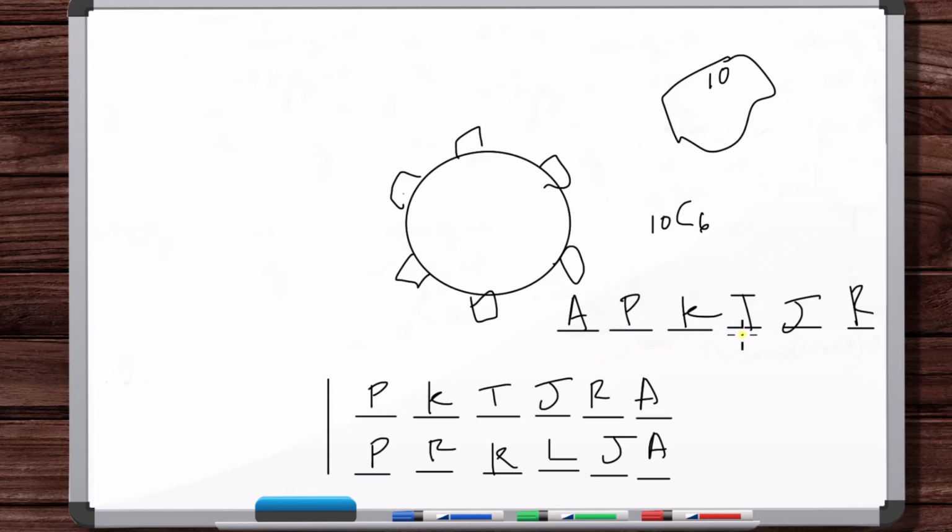But from a circular perspective, you just rotated the table, right? I could do another rotation. It would be R, A, P, K, T, J. There's another rotation. But these are the same group of people. Anytime you do a rotation, it's the same group of people. Combinations already divide that out anyway. So the rotation issue doesn't come into play when it comes to a combination in this case. The answer here is just 10 choose 6.